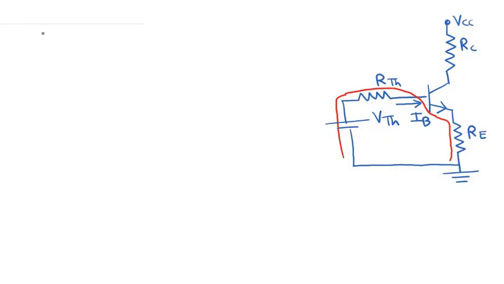Now we write the Kirchhoff's voltage equation. VTH is equal to RTH times IB, because the base current flows through this resistor RTH, so IB into RTH, plus the voltage drop at the base to emitter junction. The voltage drop across the base to emitter junction is approximately VBE on, provided that the transistor is in a forward conducting state.